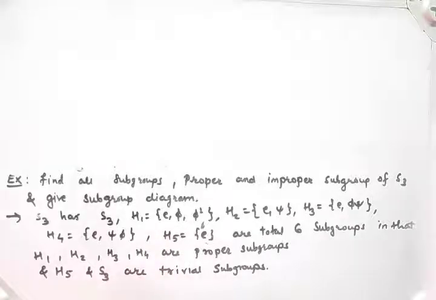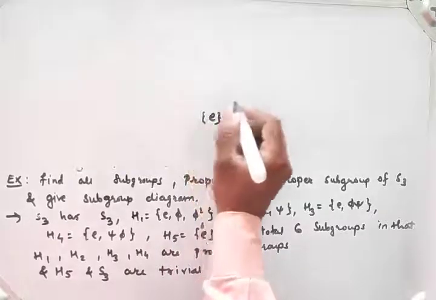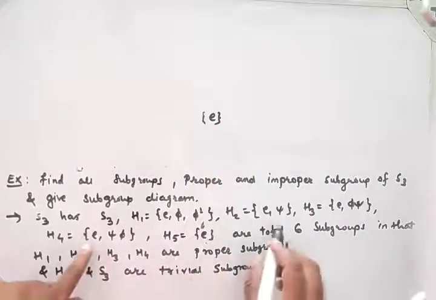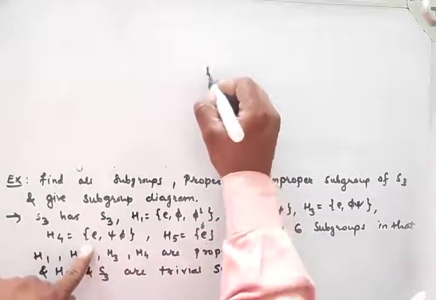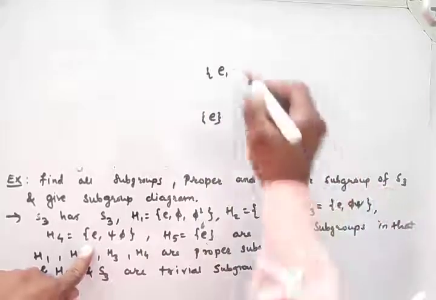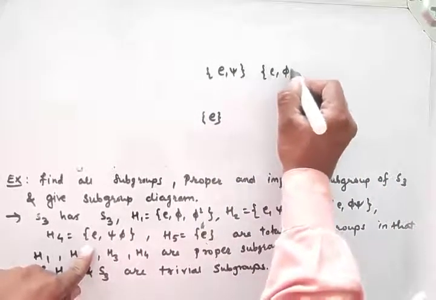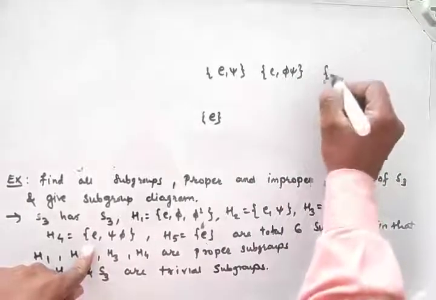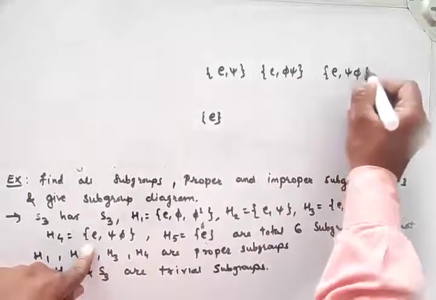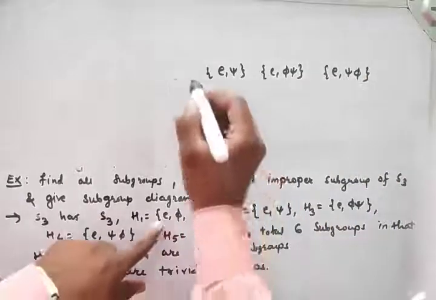So the subgroup diagram is: first here is the identity. Next, the 3 subgroups of order 2. So I will take identity, psi; next identity, phi psi; next identity, psi phi; and next I will take identity, phi square.